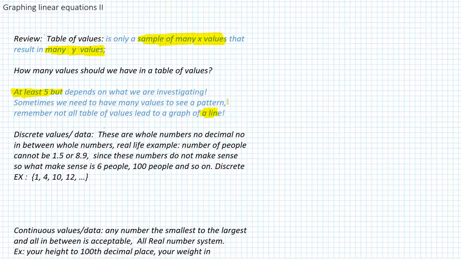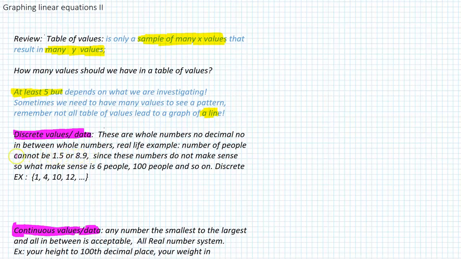Now, a couple other things. We need to know what discrete values and continuous values or data are. That's very important. Very simply, discrete values are the values that are whole numbers. No decimal, no in-between numbers, no 1.5, no 2.8, no 8.9.